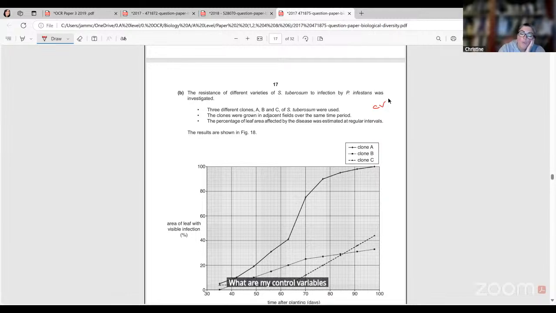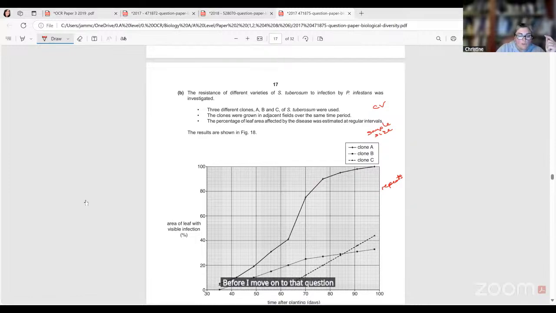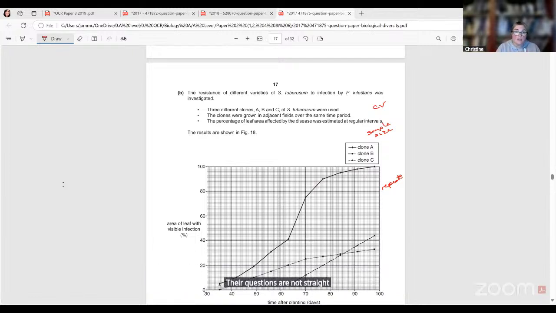For example, what is my sample size? Have they actually done any repeats? Before I move on to that question, I'm looking for notes that they've given me, because that's the one thing I would say OCR are very good at: giving you hints. Their questions are not straightforward, but the hints are there. So you just have to find where those hints are.